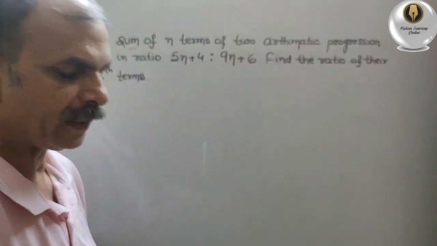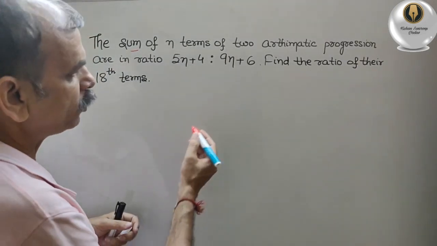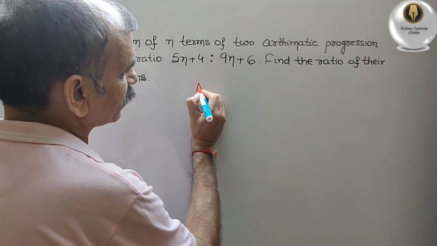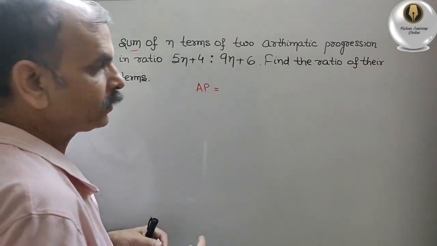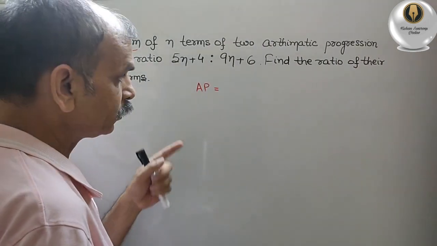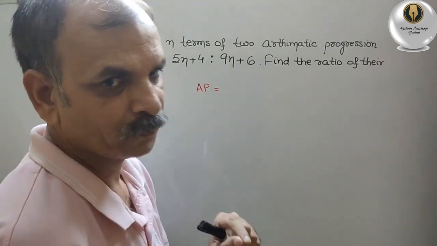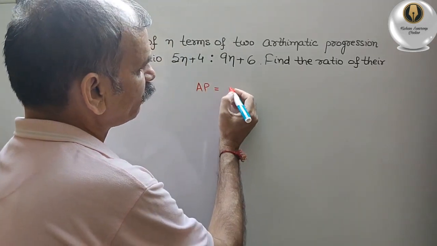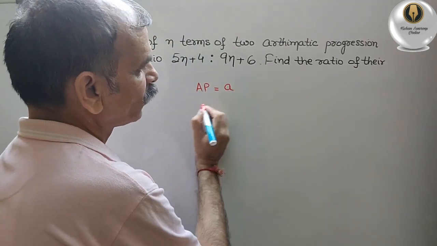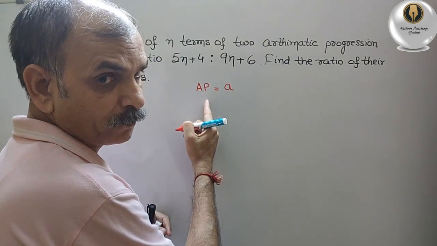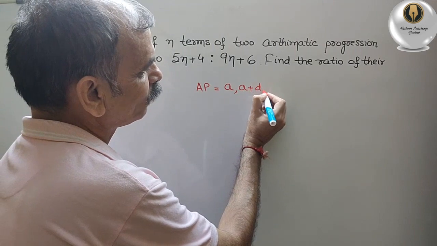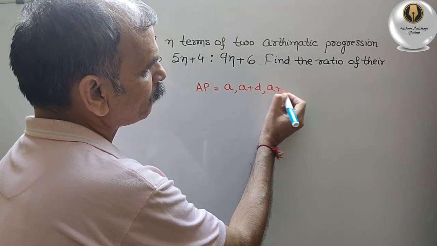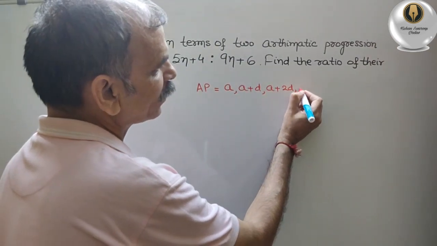So we will write the APs. Suppose the first AP is like this: the first term is A, second A plus D, third A plus 2D, and so on.